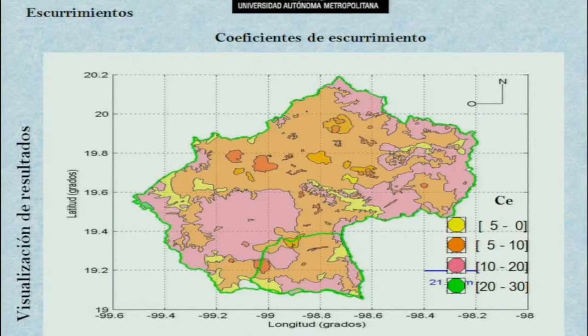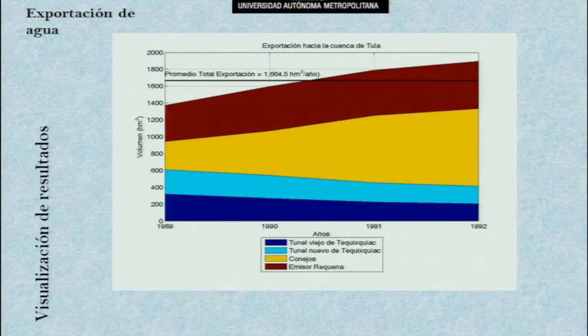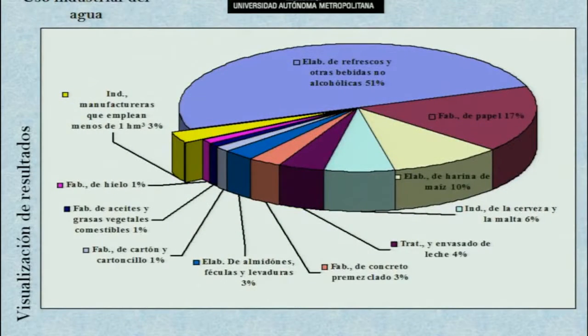This is information of the outflow from the Basin of Mexico. What are the volumes of water that the 4 outflows have towards Tula? All the information of the uses of water, how this is classified under industrial, and all the different uses.